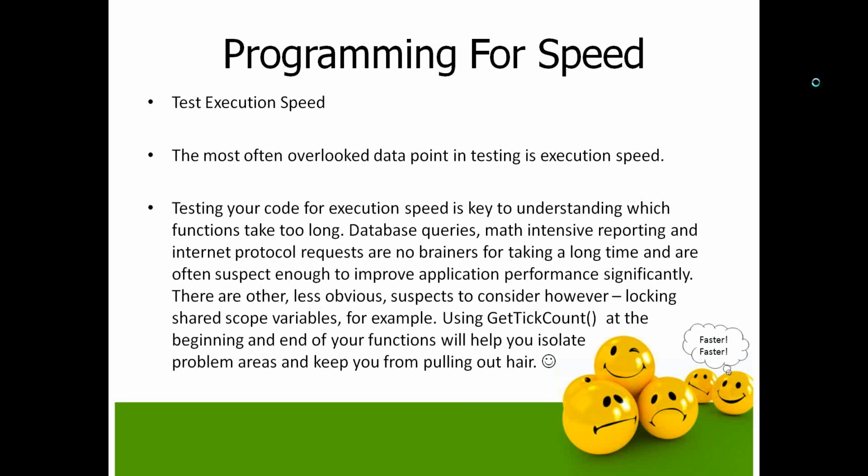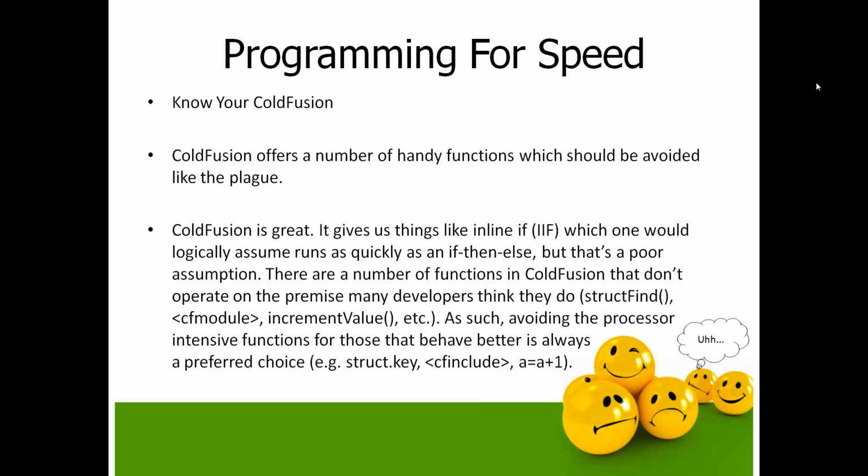We've got someone asking a question about the difference between is defined and struct key exists, and whether that makes any difference. Is defined with a struct is actually faster than doing a struct find. So yes, is defined would be faster because it's looking for that particular struct and key. And what about against struct key exists?